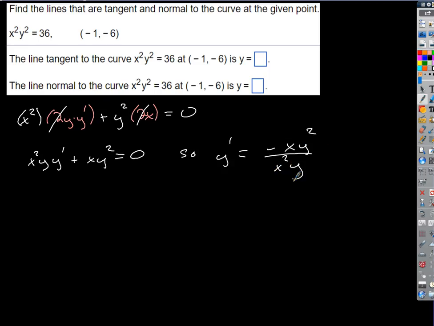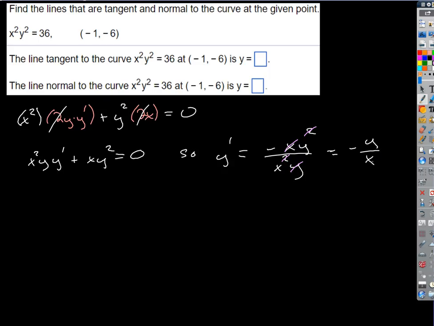And I could simplify that, right? I could cancel an x top and bottom and a y top and bottom and just end up with negative y over x. Everybody see that? Y squared over y is just y. X over x squared is just x on the bottom, okay?